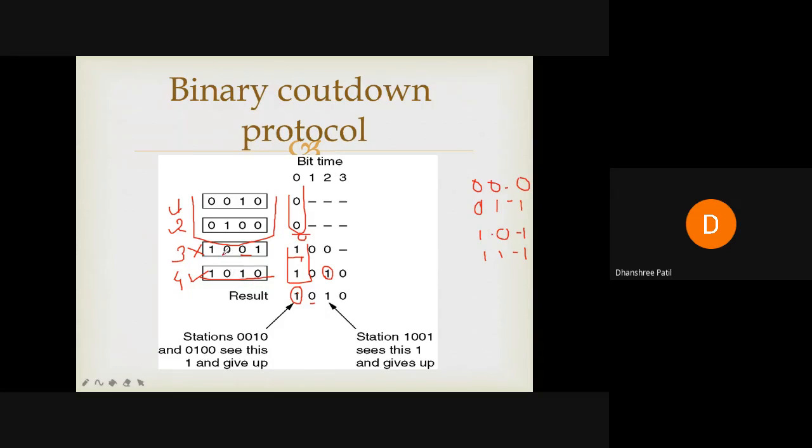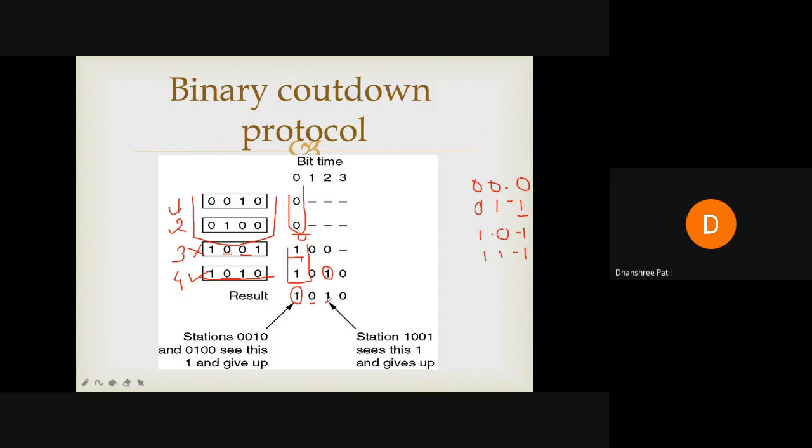So the same procedure is followed. Next bit is 00, so 00 will become 0. Now here both are of the same level, so again the third bit will be considered, 0 and 1. So 01 will become 1.